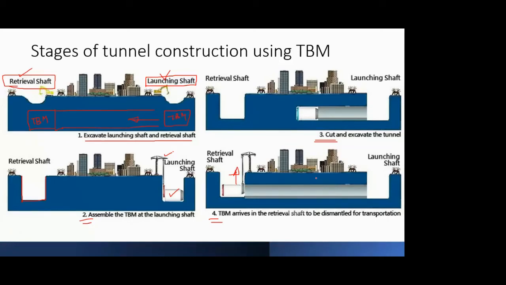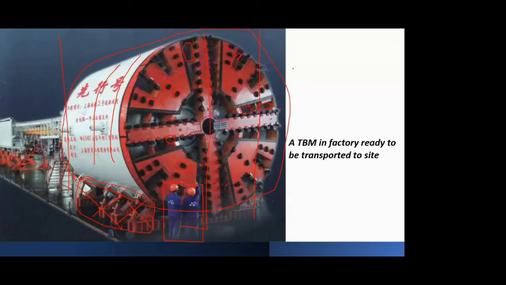Okay. So again, this whole TBM you can lower, or if you have a very compact area like in cities, then even lowering or creating a shaft of this much diameter is not possible. So in that case, this TBM is assembled in parts. In the factory, what you see here in this figure is a complete TBM which is assembled in the factory itself.